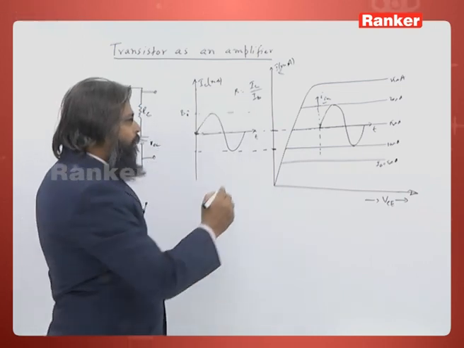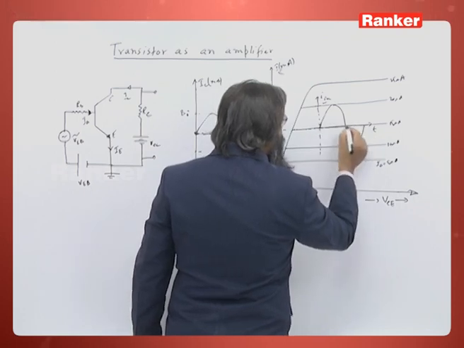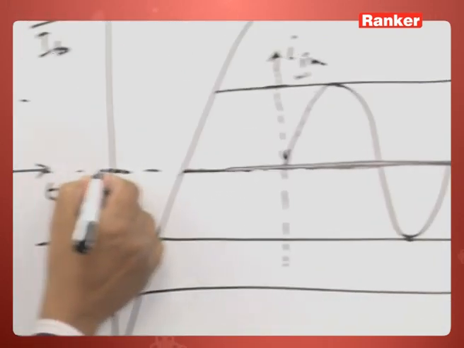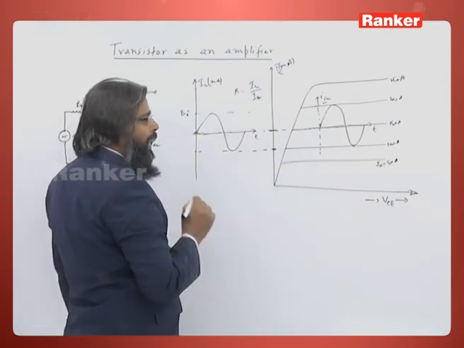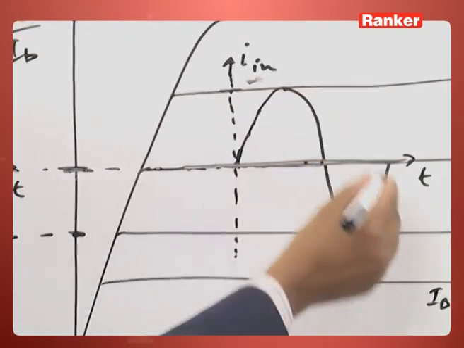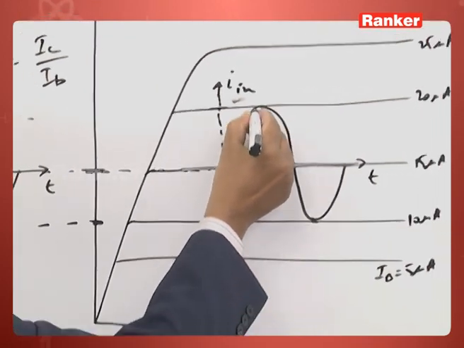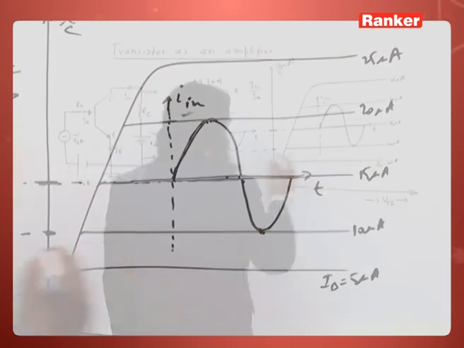So, you see, the current when there is no input signal is 15 microampere, for which we have this value of collector current, and when the signal is given, it varies from 15 to 20 and from 15 to 10 microamperes.